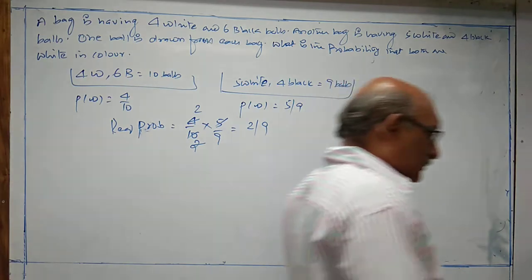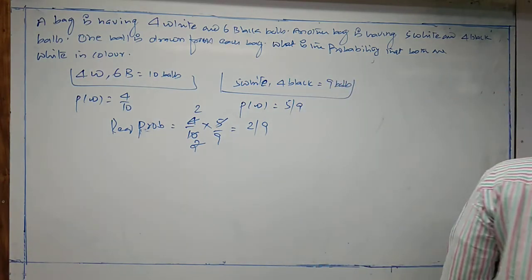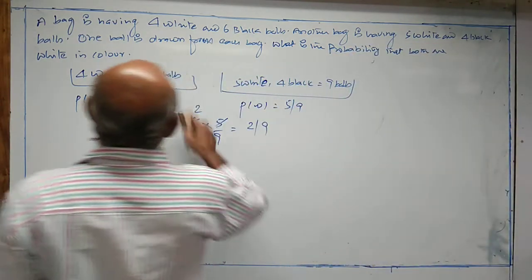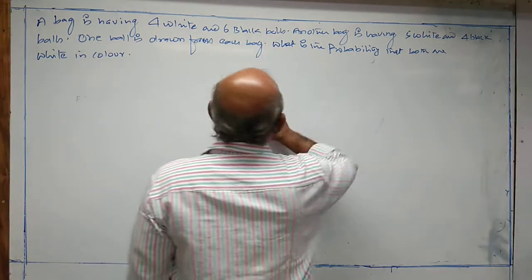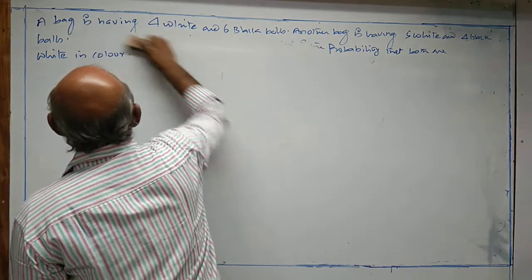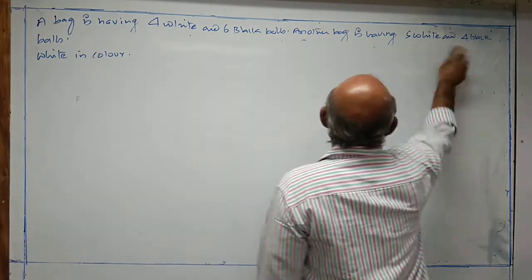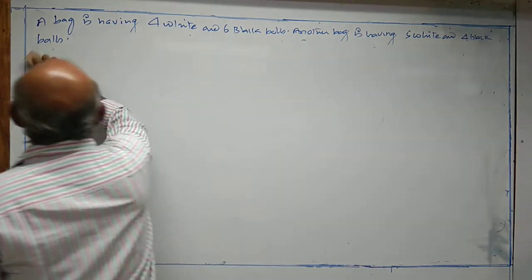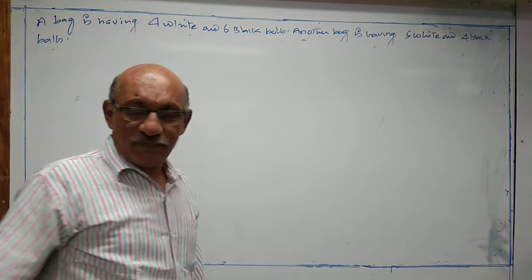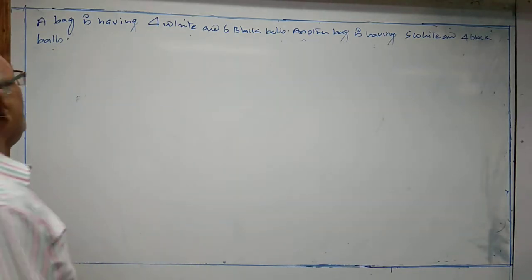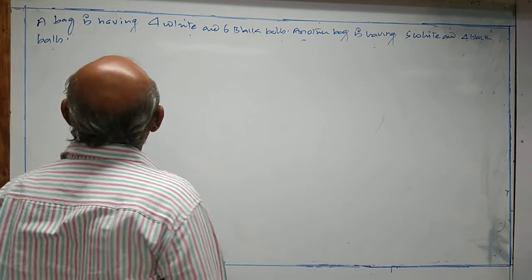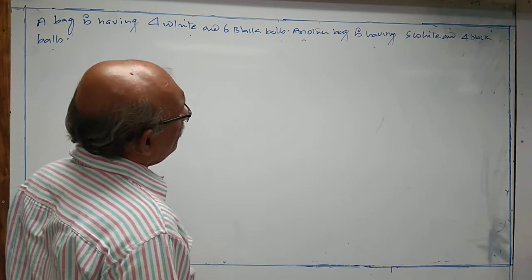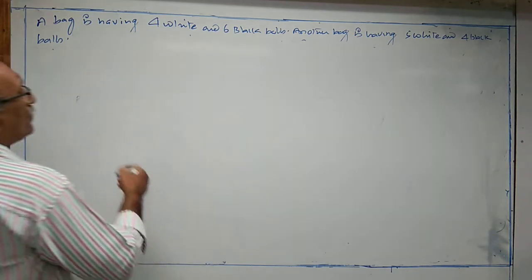Next question, sir. Look at this. The problem is saying a bag is having 4 white and 6 black balls and another bag is having 5 white and 4 black balls.